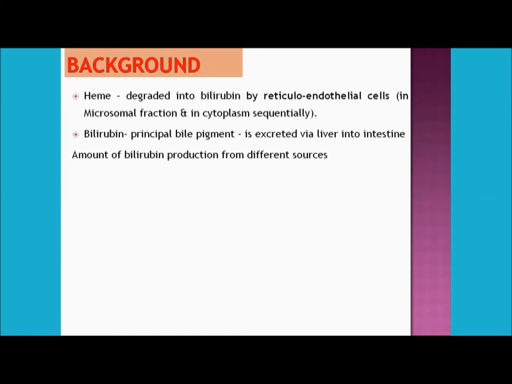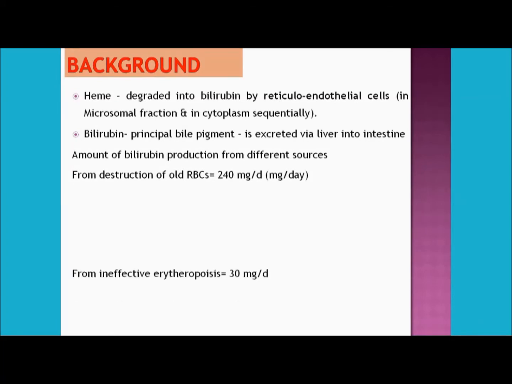And the amount of bilirubin production from different sources can be depicted as follows. First of all, the amount of bilirubin that comes from the destruction of red blood cells is 250 mg per day. Moreover, from ineffective erythropoiesis, around 30 mg of bilirubin is produced per day.